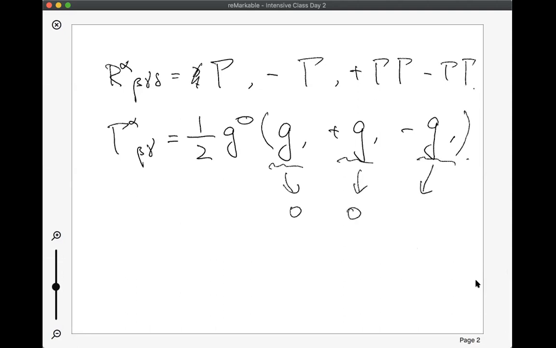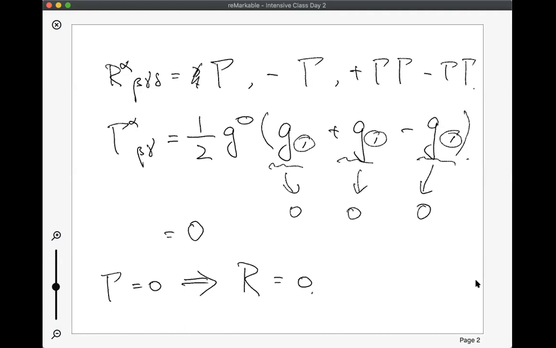Because don't forget that this is actually the derivative of the metric components, and the components now are constants, so they are all zero. So this means that the Christoffel symbol is zero. And the Christoffel symbol equal to zero implies that the Riemann tensor is also zero, due to this first formula here.